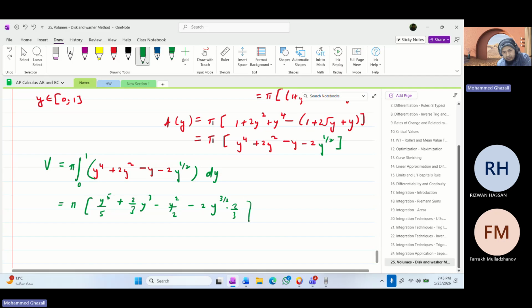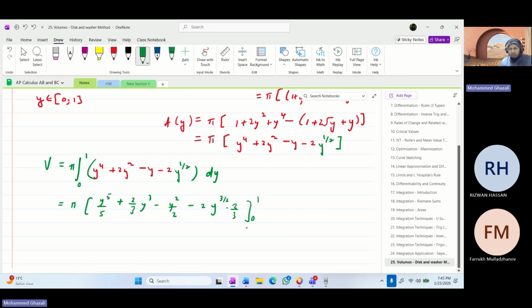From 0 to 1. And it's nice to substitute 0 and 1 because when you substitute 0, all the y's cancel out. You've got pi times 1/5 plus 2/3 minus half minus 4 over 3.